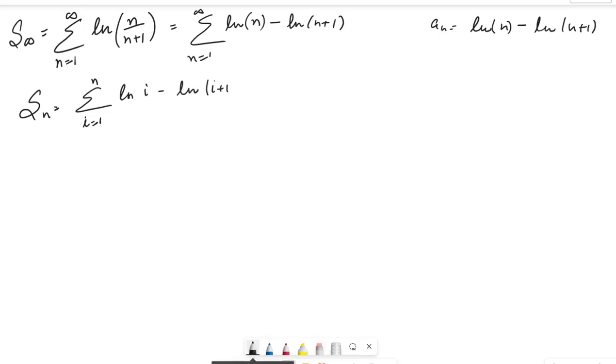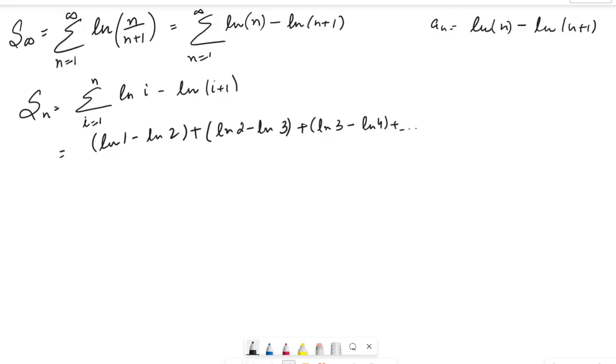When I put 1 in there, that would be log of 1 minus log of 2, plus log of 2 minus log of 3, plus log of 3 minus log of 4, and so on. The last term would be log of n minus log of n+1. What about the previous term? Log of n-1 minus log of n.